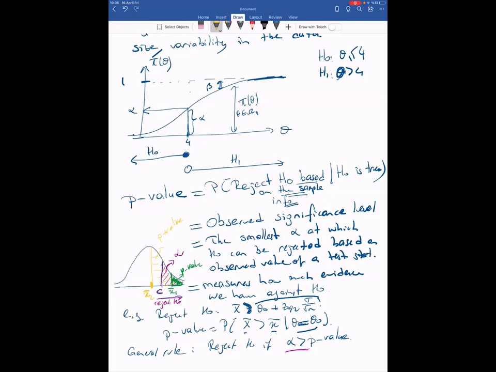In this case, our p-value is greater than alpha. As you can see, we are in the acceptance region under this case. So visually you can understand which region you are in, and based on that you can decide to reject or not reject H0.